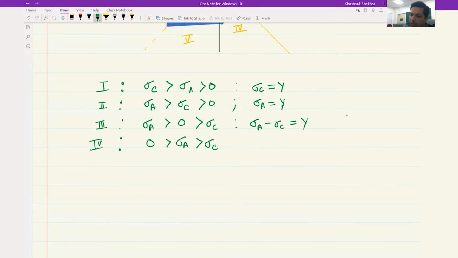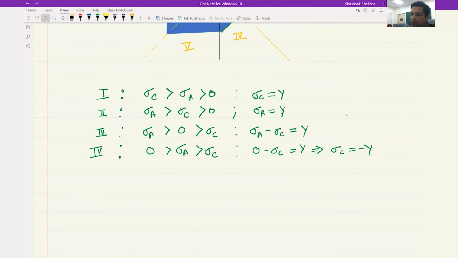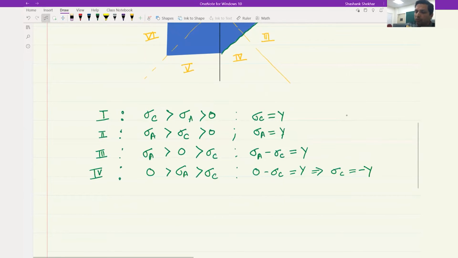And now in this case, what we will get is that this is the maximum, this is the minimum, and therefore 0 minus sigma c will be equal to y, which implies sigma c is equal to minus y. And therefore what we get is a horizontal line. So this becomes our profile or locus for this zone. Actually, this is zones 3 and 4, and this is zone 5.